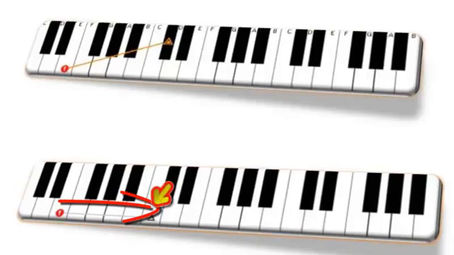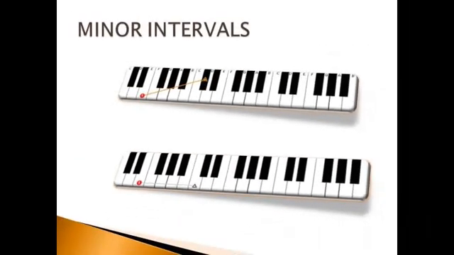So here's an example of lowering C sharp by a chromatic semitone to C. What that means is all minor intervals don't necessarily have a flat. E to C would be a minor sixth. You really do have to take that bottom note and figure out what your sharps or flats would be in that key. And then from there, you can determine if it's a major or a minor interval.